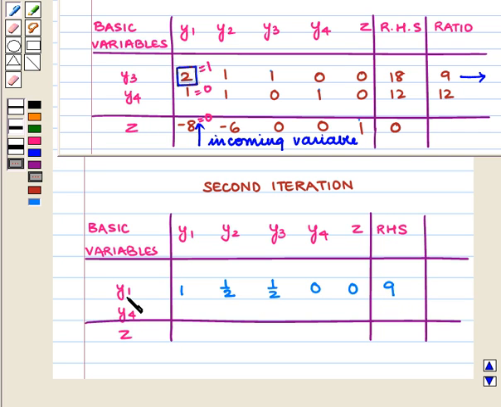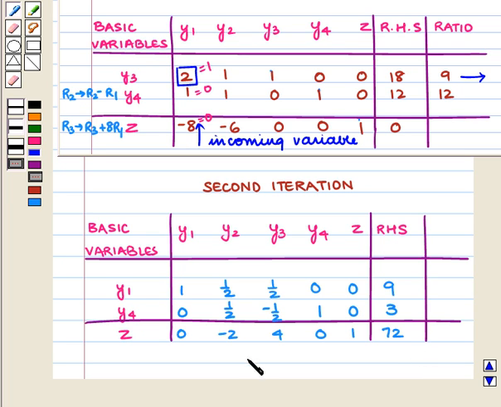Here we can see that y1 has entered the basis and y3 is the outgoing variable. So now row 2 will become 0, 1 by 2, minus 1 by 2, 1, 0 and 3. On row 3, we apply the operation R3 goes to R3 plus 8R1. So we obtain the second iteration.